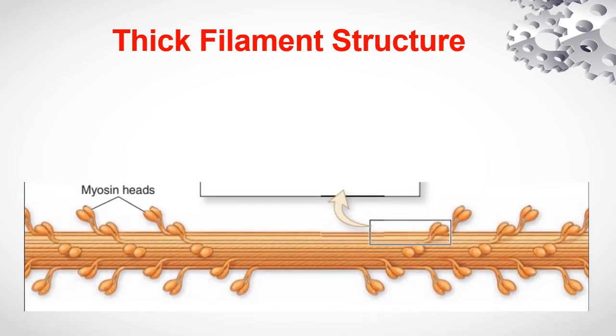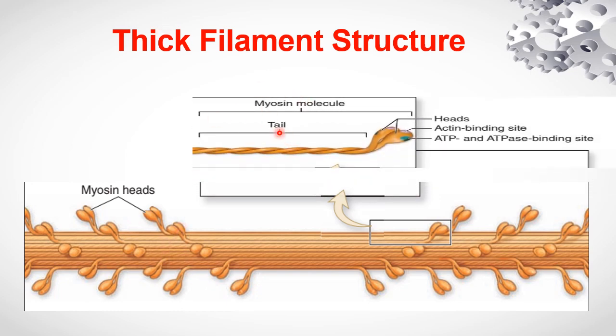So now let's talk about the thick filament. Remember, the thin filament is the actin filament. Now we talk about the thick filament, which is the myosin filament. So this is the thick filament. This is a myosin molecule, which is also made up of two polypeptide chains wound together, but it has two things tapering at the end.